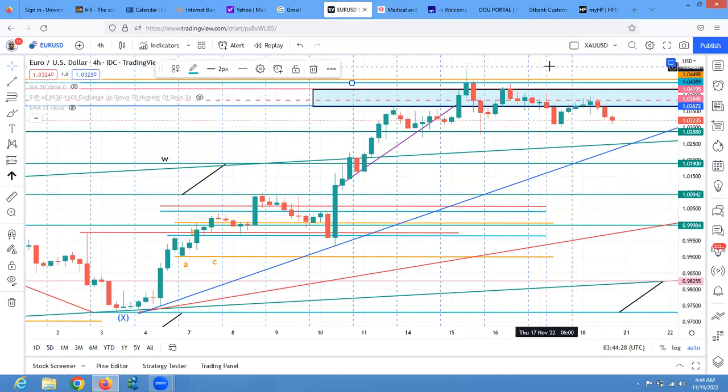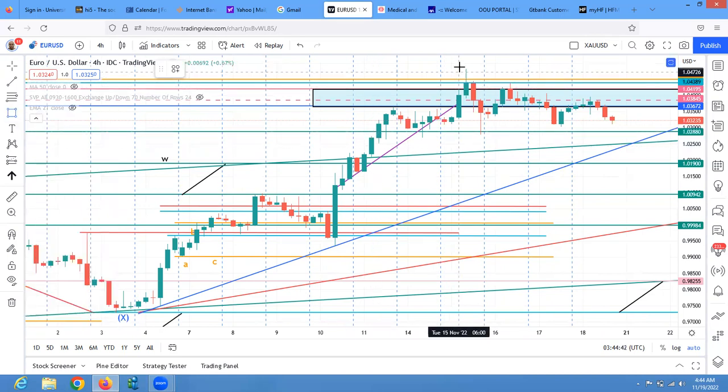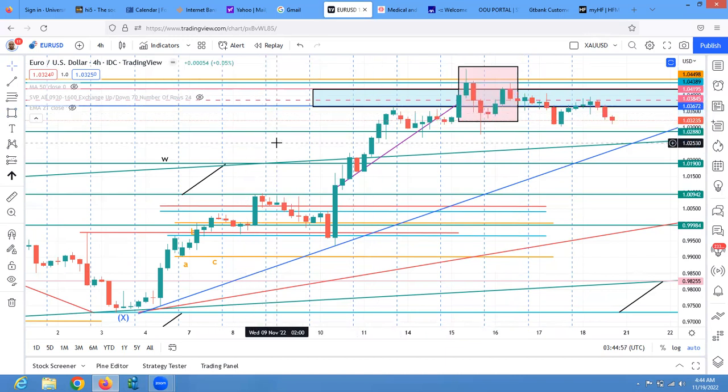So exactly at that level. So price closed here, and you still have the opportunity. I will show you so that you understand what I'm trying to teach. These are the levels. So now let me use the blue. We are going to concentrate on that level.